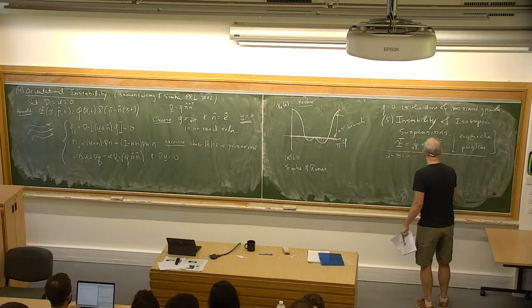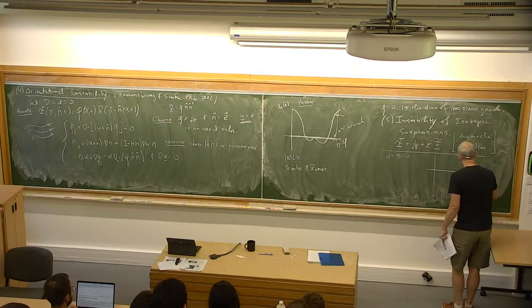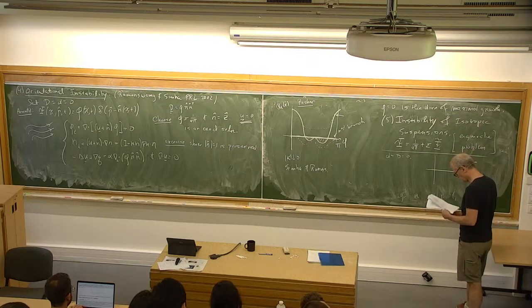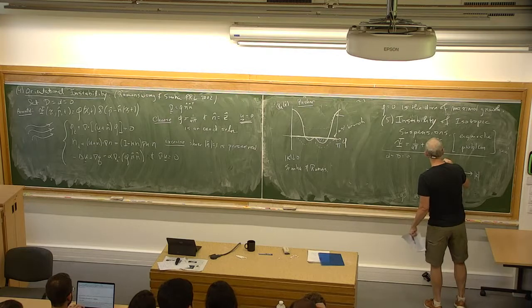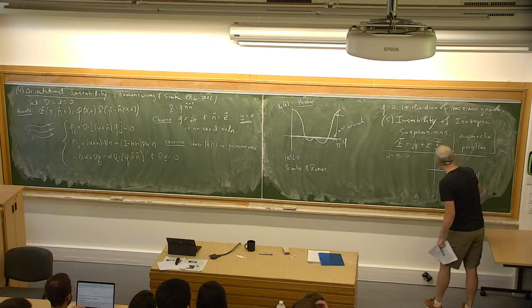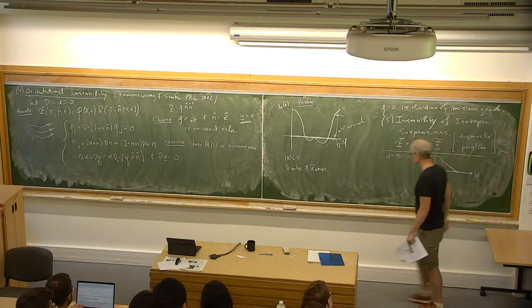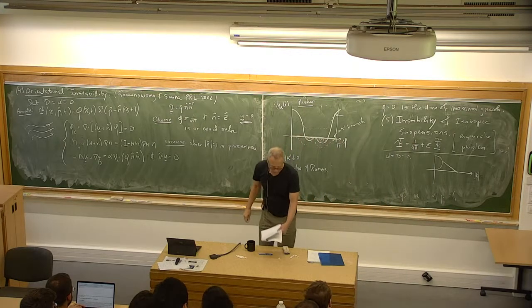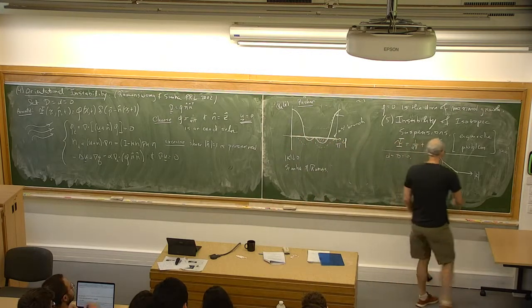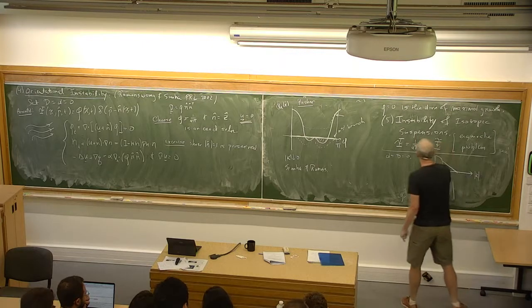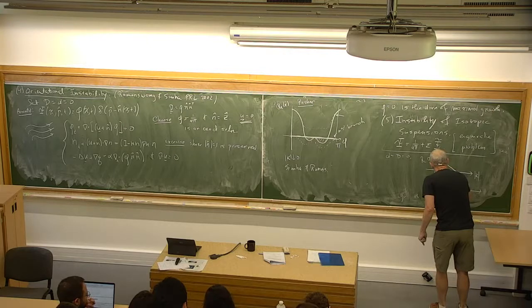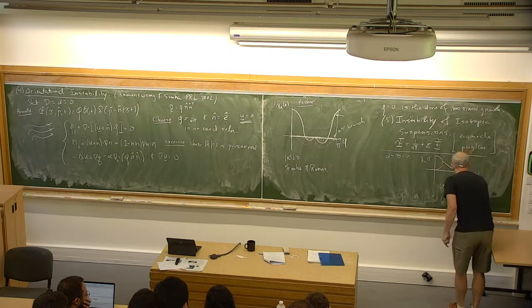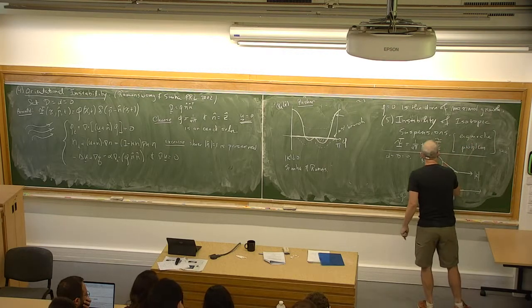So what you find, and here I'll just write it in terms of mod k, is that you have a real part of an eigenvalue that looks like this. So this is real sigma. This is imaginary sigma. So let's call this thing K1.